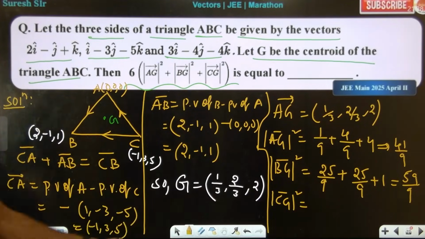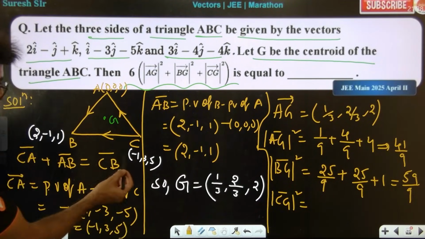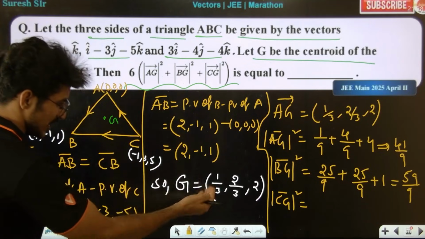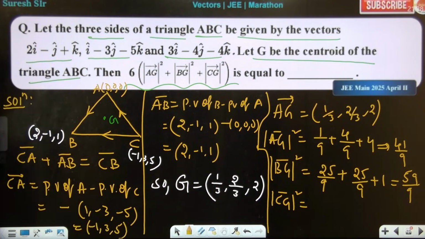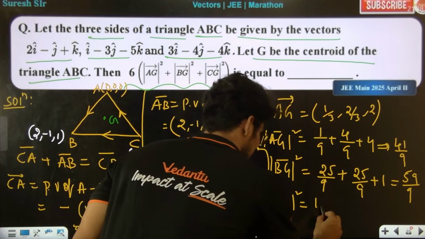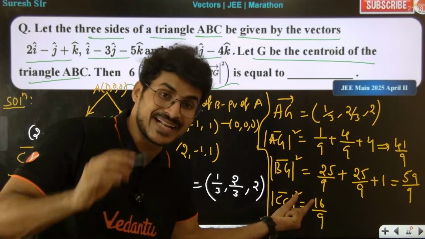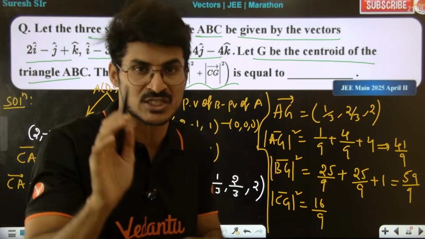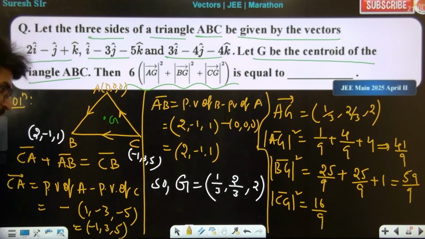Next, CG whole square, sir. CG magnitude square, the square of the magnitude of CG. Take C to G. Position of G minus position of C. So 1 by 3 plus 1, so 4 by 3. 4 by 3 means 16 by 9, sir. Wonderful. Yes or no? The square root cancels because we are squaring. Magnitude means root, so the square root and the square will cancel.